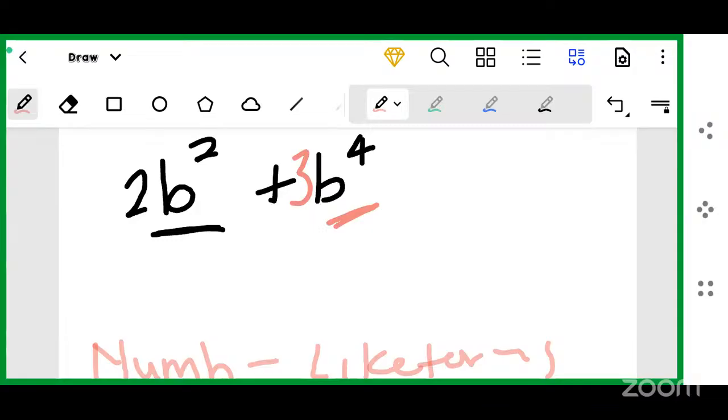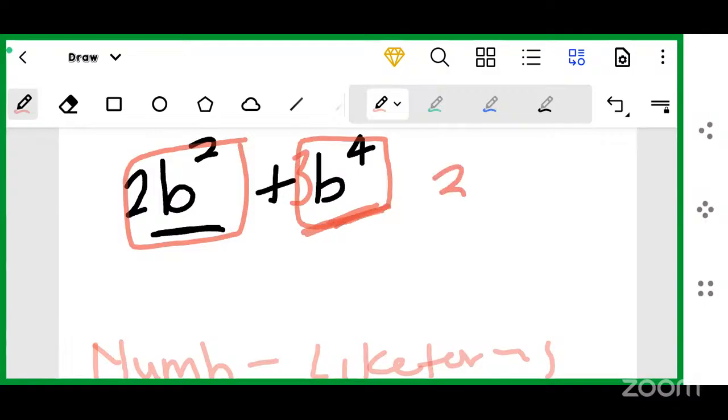So what is the sum of bread? Since B to the power of 4 is bread and B to the power of 2 is bananas, we're only going to mention the 3B to the power of 4, because what are the bananas available there? Are we clear?